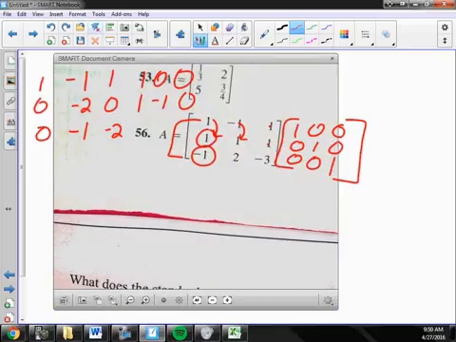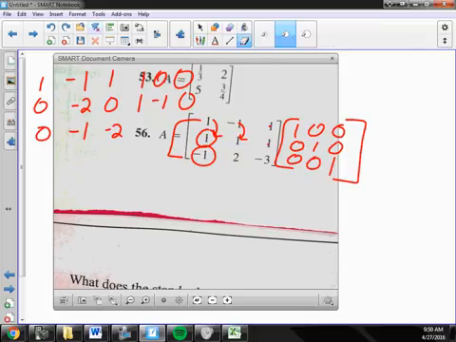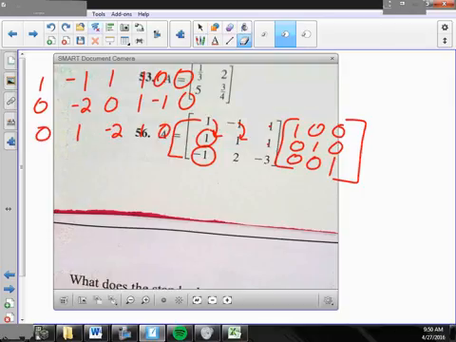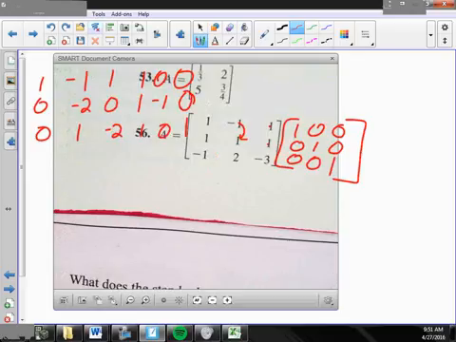Oh, did I not do it right? Wait, this is a positive 1. Sorry. 1, negative 3, 1, 0, and 1. Okay? Now what should I do? Say that again, Aubrey. And what's the easiest way to put a 1 in the row 2, column 2 spot?